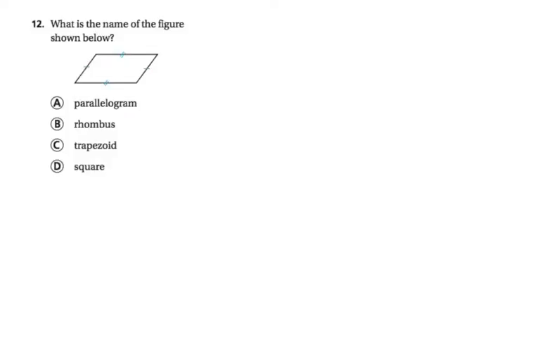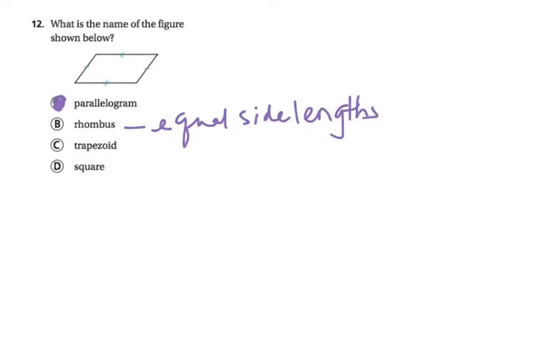This has to be a parallelogram. Now, let's remember why it cannot be a rhombus. A rhombus has equal side lengths all the way around. Can't be a trapezoid because trapezoids have only one set of parallel lines.